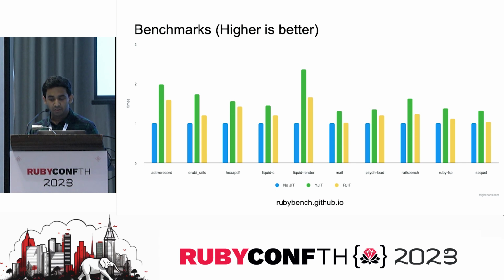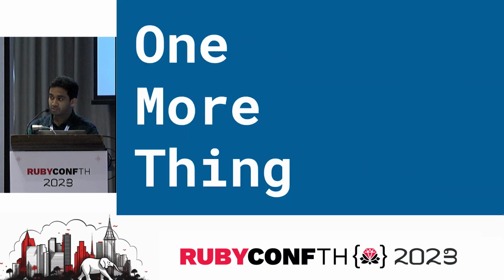So you can see YJIT can go up to more than 2 times as fast as without a JIT. And YJIT keeps improving in speed thanks to a lot of good work being done at Shopify. So thank you.